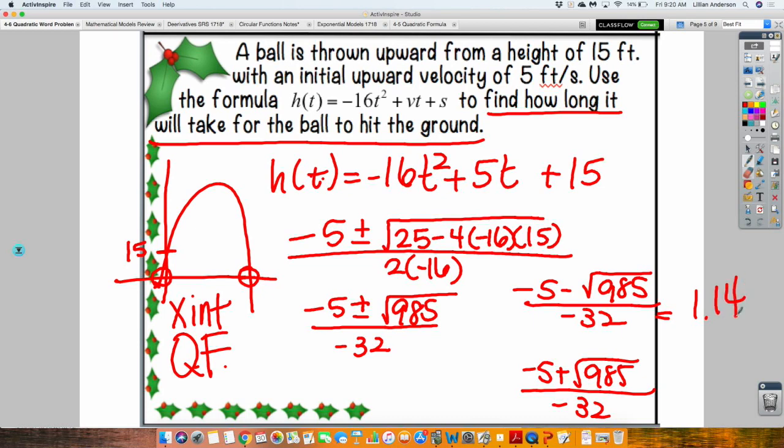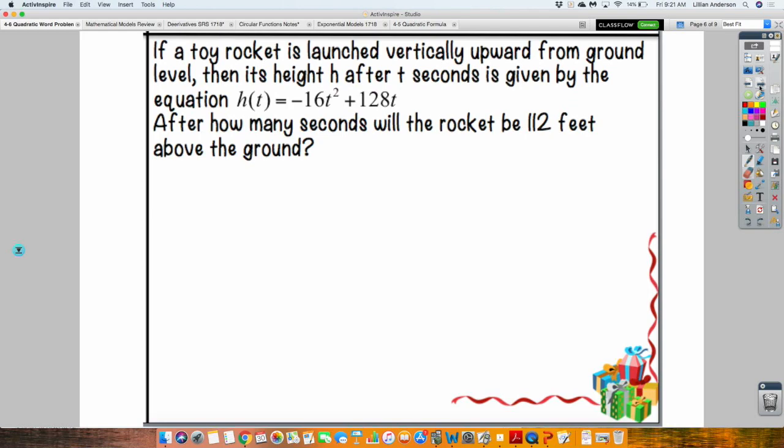If it's a minus, you make it a negative, and then subtract 5. 1.14. What about when you added? But there was a number after the 3 that would have rounded up to 3 significant figures. Point what? Can I have a negative time? So how long did it take? 1.4, and it doesn't say how long. Okay, we'll just leave it like that.